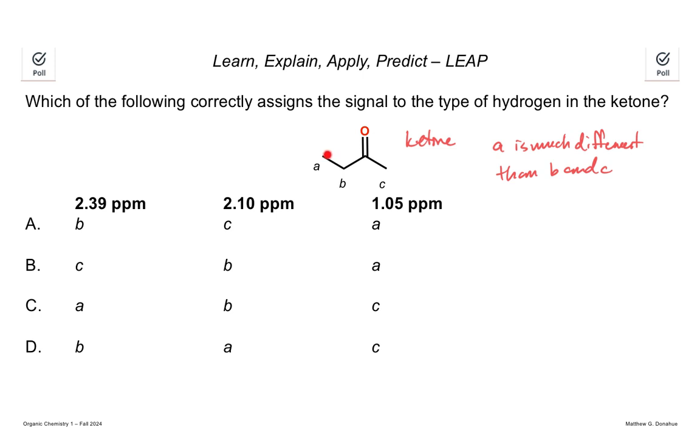So A should occur at what chemical shift? 1.05. And so we can eliminate this and this, so that's C and D we can eliminate.